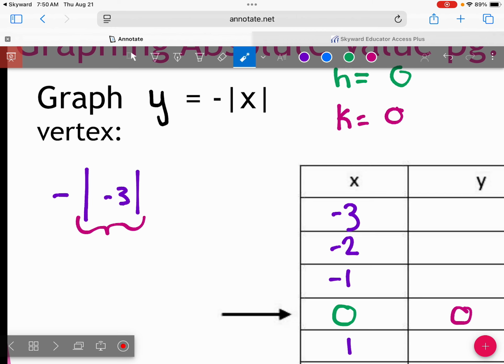So ignoring this piece, what is the absolute value of -3? 3. So we're going to bring this down. The answer for this part is 3. This becomes -3. So the opposite of the absolute value of 3 is -3.